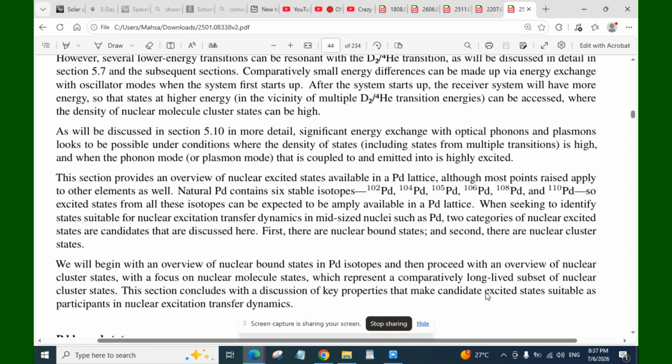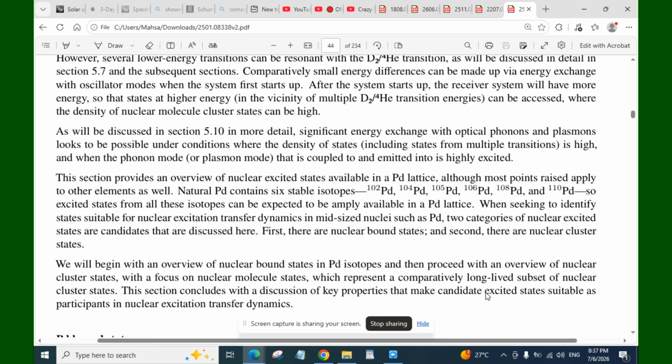As will be discussed in section 5.10 in more detail, significant energy exchange with optical phonons and plasmons looks to be possible under conditions where the density of states, including states from the multiple transition, is high, and when the phonon mode or plasmon mode that it is coupled to and emitted into is highly excited.